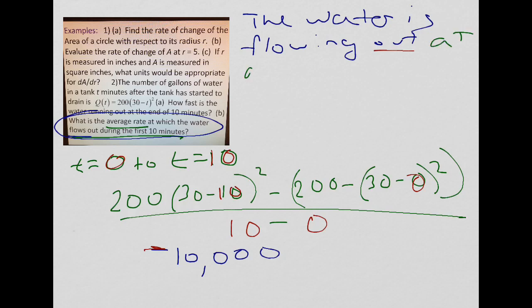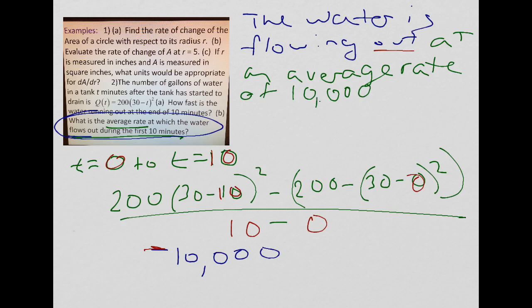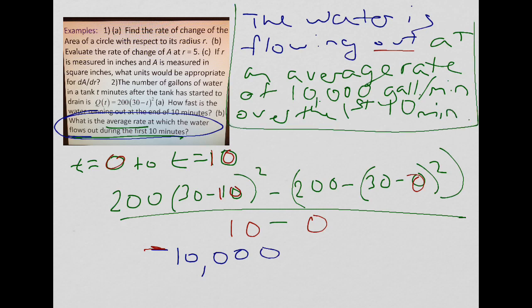At an average rate of 10,000, that's supposed to be a comma, gallons per minute over the first 10 minutes. Okay? And that's answering part B.